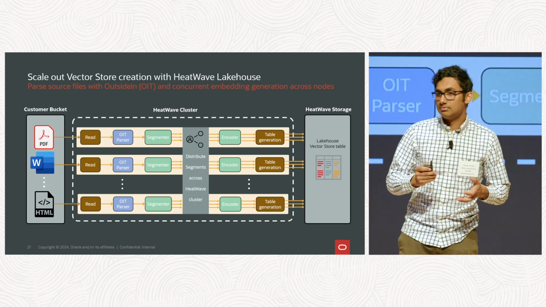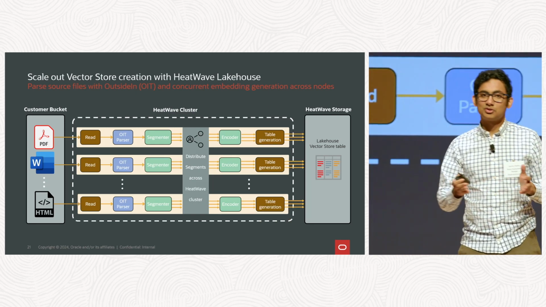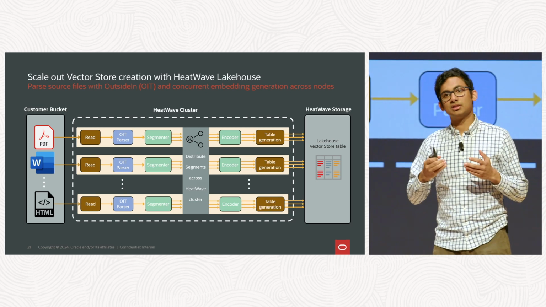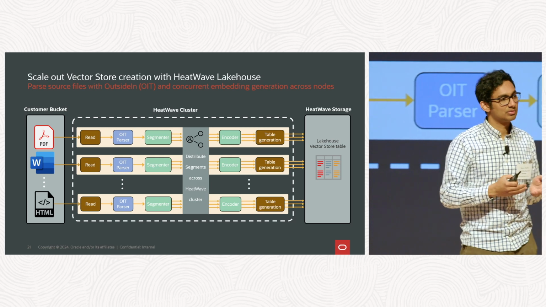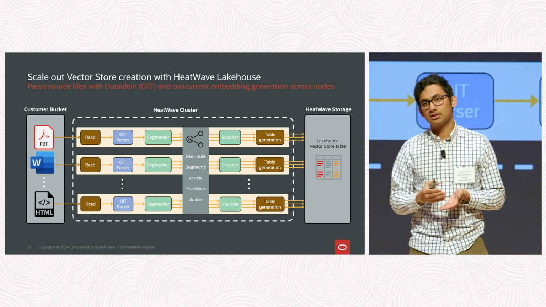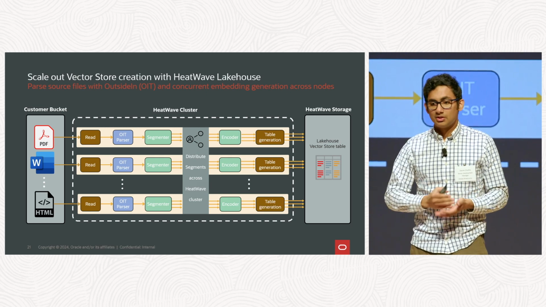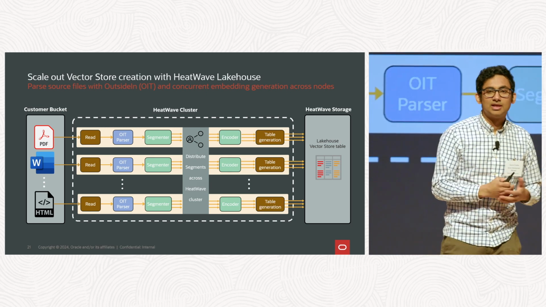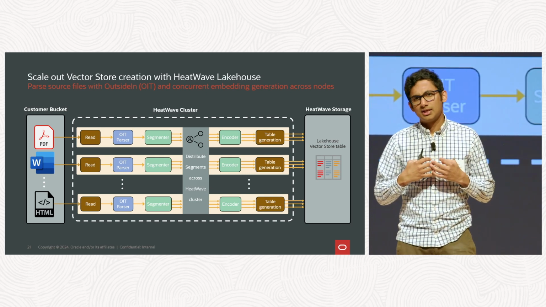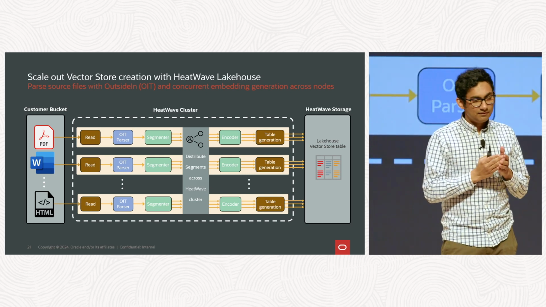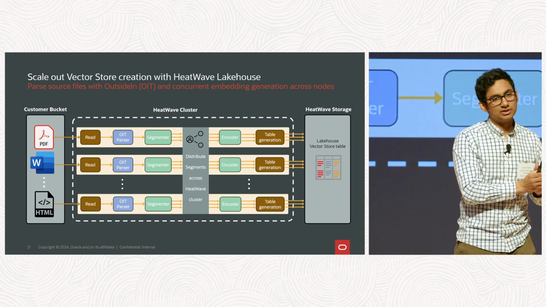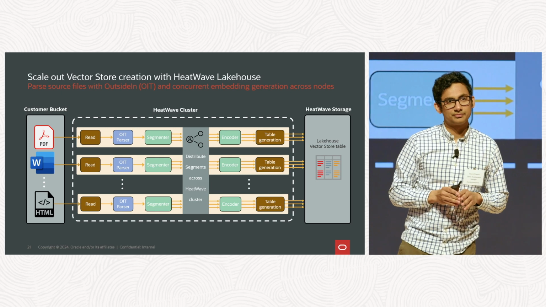And we have maintained this ethos of being extremely performant, using the cluster as well as we can, and that continues with vector store ingestion as well. We are able to parse and segment the data and create vector embeddings in a fully scale-out fashion using every core on every machine in the HeatWave cluster.